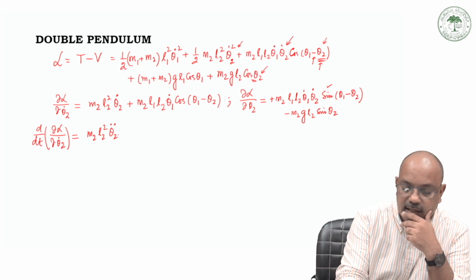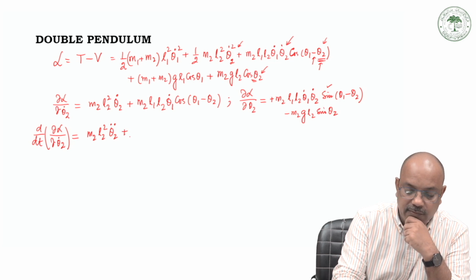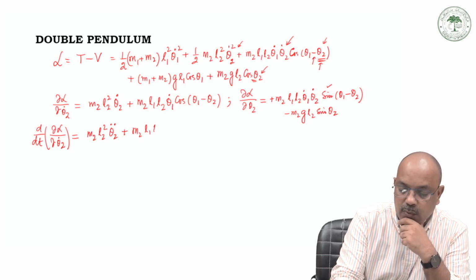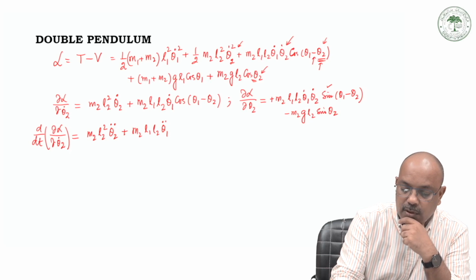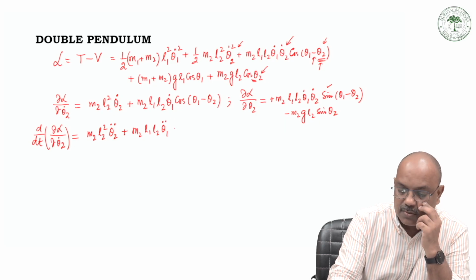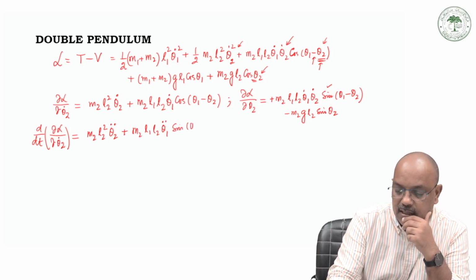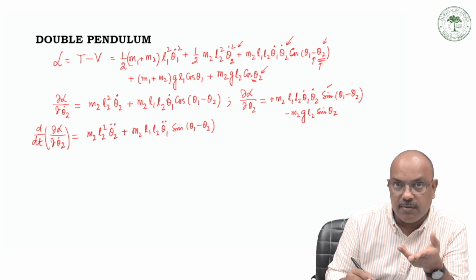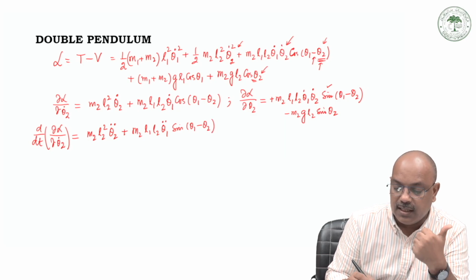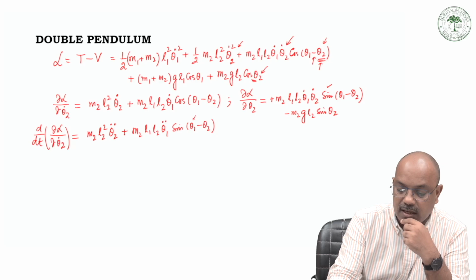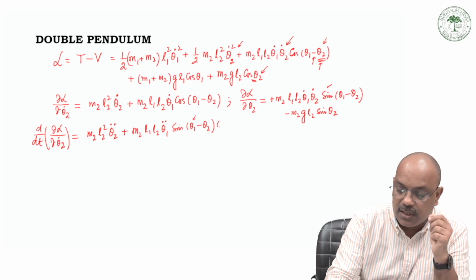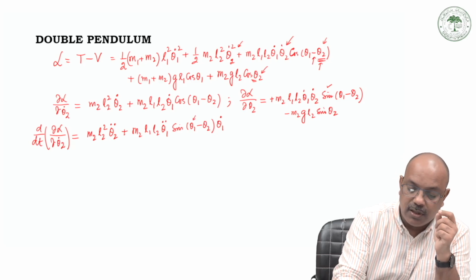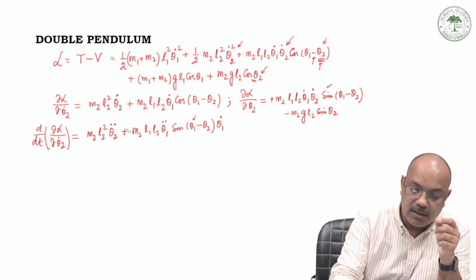This is fine, and then for this term I'm going to have m2 L1 L2 theta 1 double dot cos(theta 1 minus theta 2). Then cos becomes sine with the negative sign, and then differentiating with respect to time gives theta 1 dot, so I'm going to get the negative sign at this position.